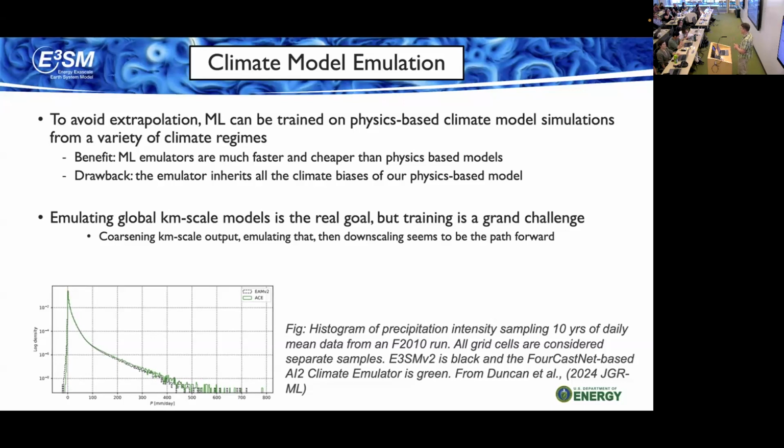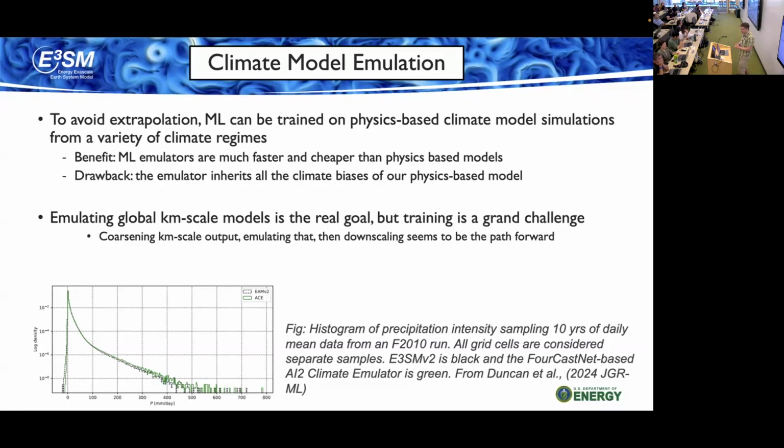A critical thing to keep in mind here is that our emulator, in this case, is never going to be better than our physical model. We can't get rid of the physical model because that's the thing that we trust, right? And if there's a bias in our physical model, our emulator is always going to have it as well. So there is a benefit, but it's not going to be a panacea. It's not going to give us the perfect answer. It just gives us longer range predictions, basically.